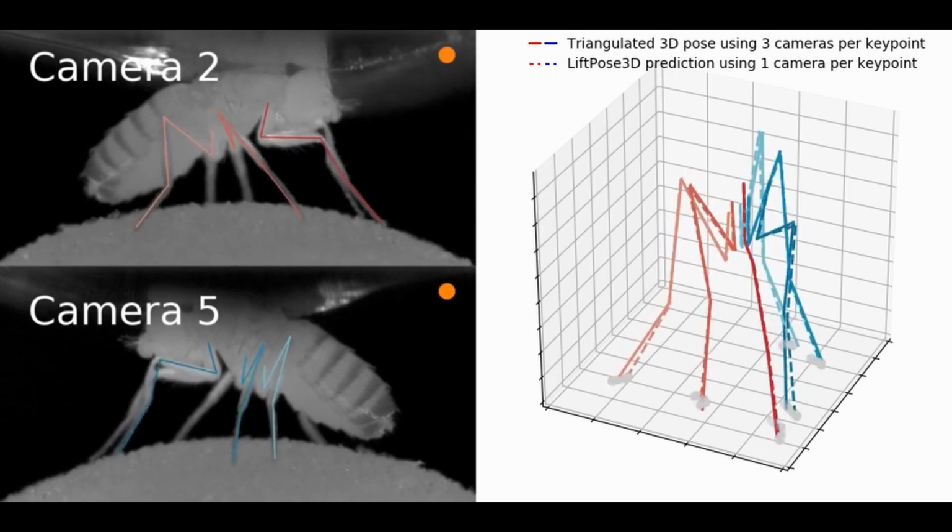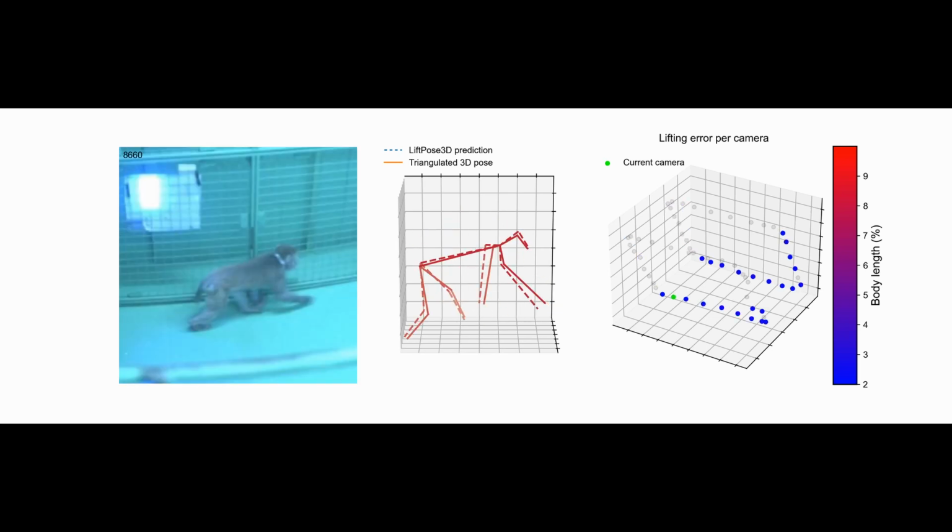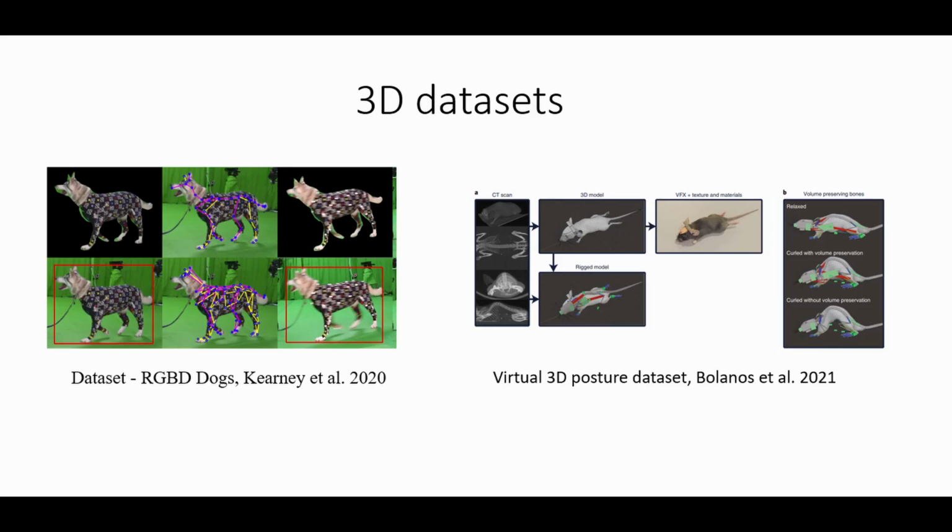Available 3D ground truth is for specific animals or completely virtual datasets. In summary, we do not have methods to produce accurate 3D ground truth with wild animals. According to us, this is the biggest bottleneck in pushing the research ahead.